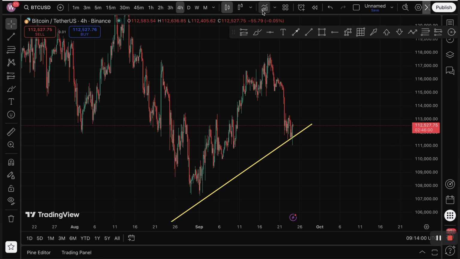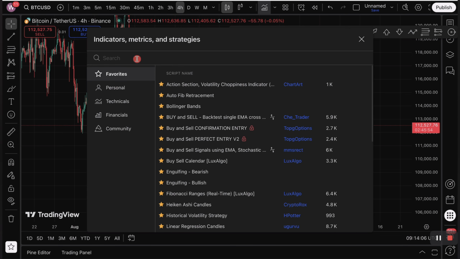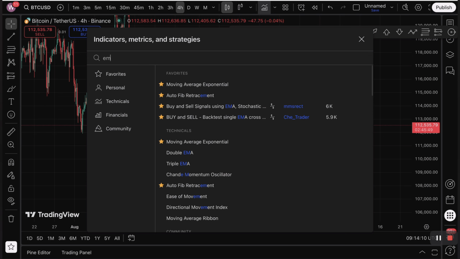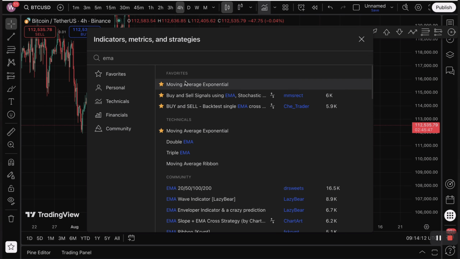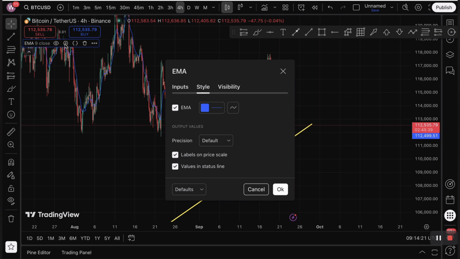Let me just use some indicator. So I can use EMA 50, this EMA, all right, moving average exponential. I've already added it. It will help me. Then I need to just set it to 50.